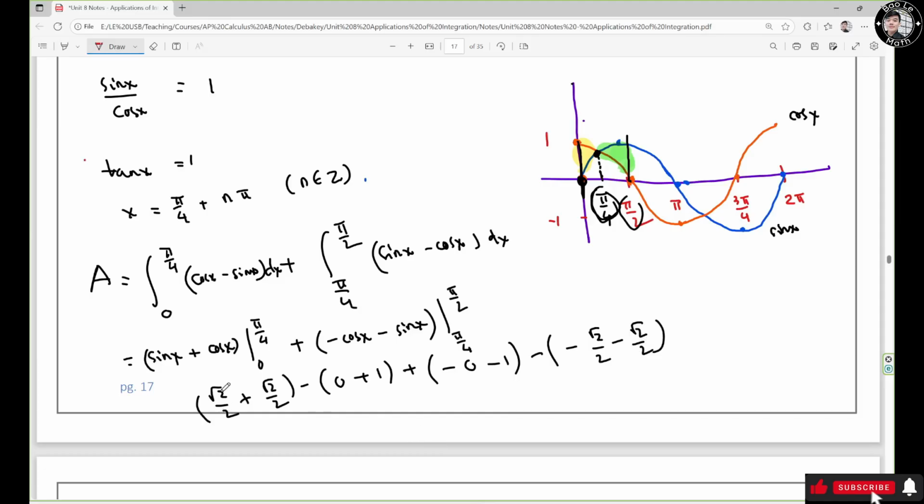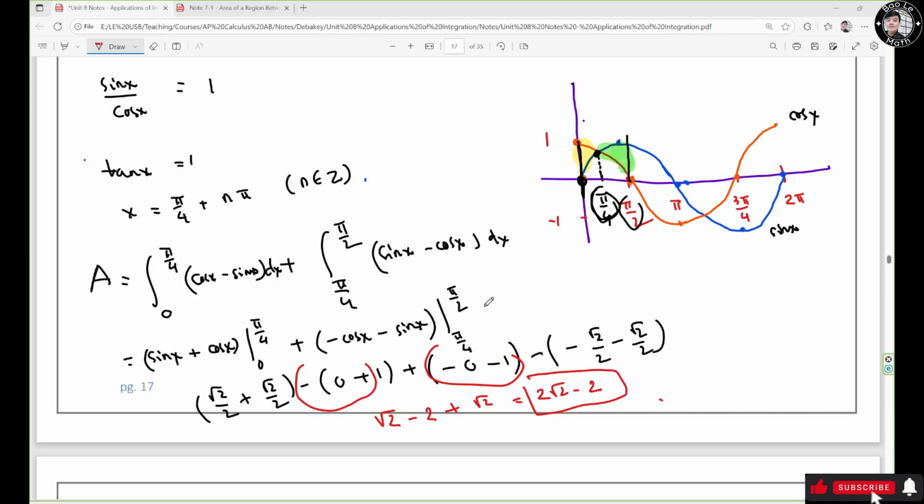Root 2 over 2 plus root 2 over 2 is root 2. This one is negative 1, this one is negative 1, so it's minus 2. Now this should be negative 1, plus root 2, so it's 2 root 2 minus 2. This one is the final answer.